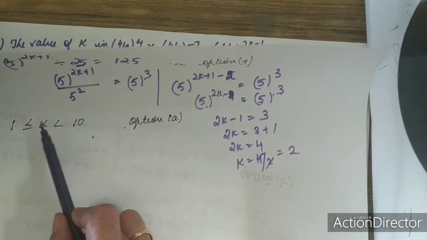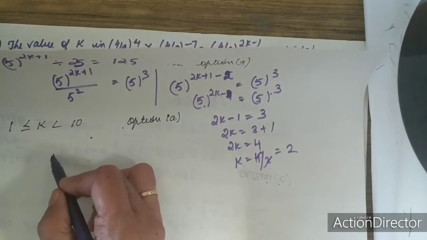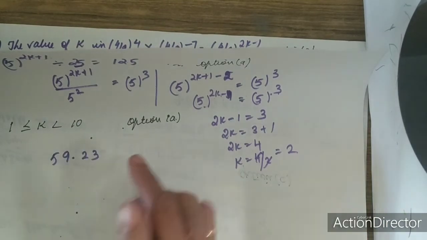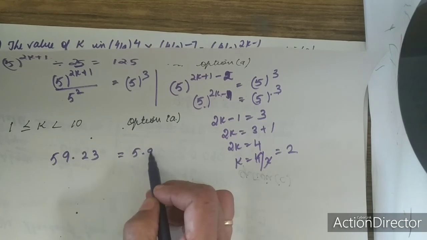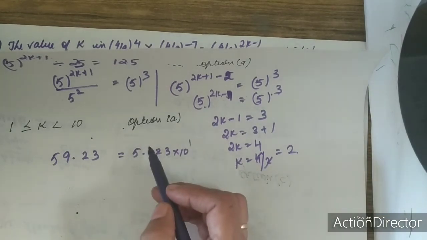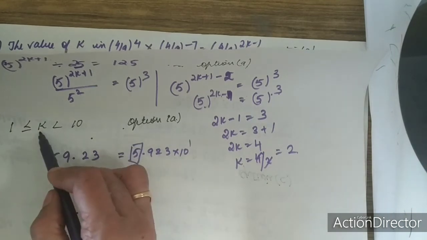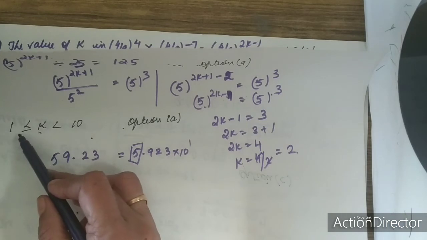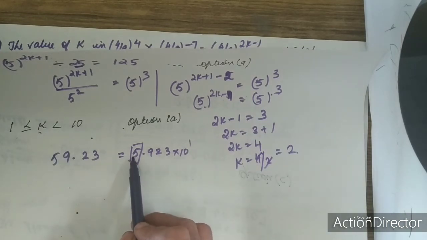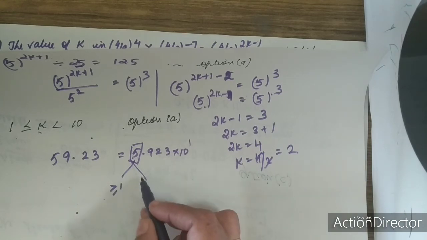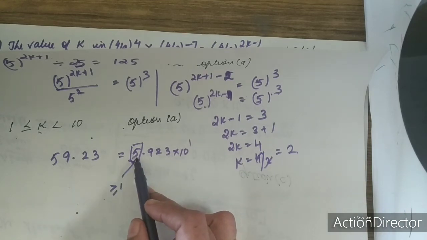I think you have understood this question, because suppose if a number is given 59.23 and you are asked to write it in standard form, you write 5.923 into 10 raised to the power of 1. But you can see this first number, this number you call it as k. This number always lies between greater than or equal to 1 and less than 10. I cannot have a 2-digit number over here.